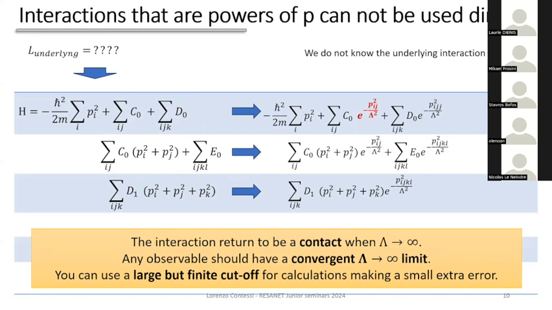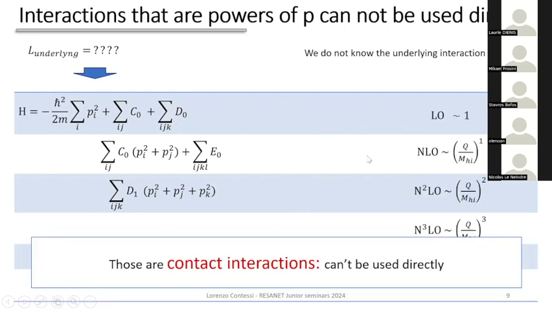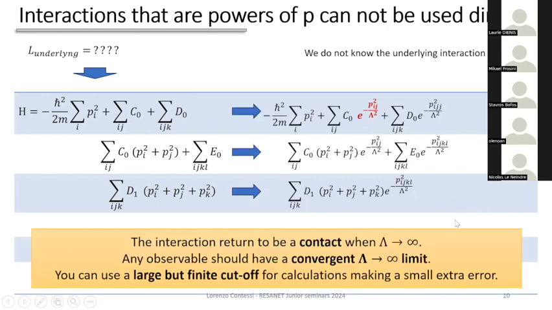You can use something different, but this is the simple way for many-body purposes. And essentially, you say, okay, when this cutoff is large enough, they go back to being a contact interaction. And when they are a contact interaction, only there I can have this counting in powers of the momentum. It's very important that you are able to map back to the contact limit using a cutoff that is large enough.